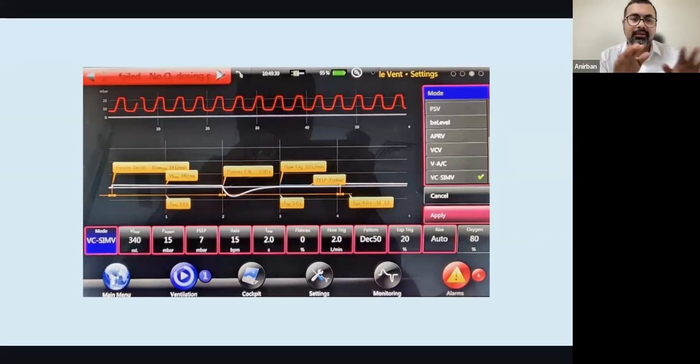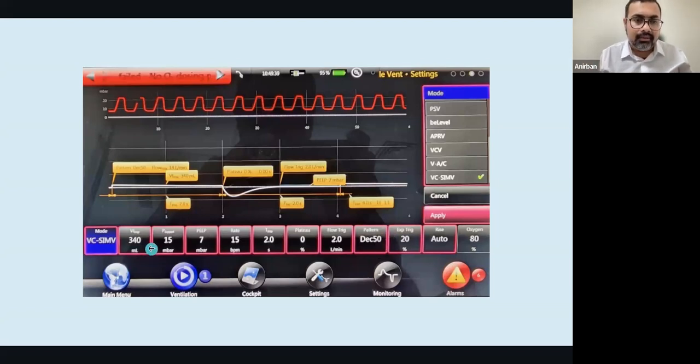Before, the SIMV mode did not have pressure support for the intermittent spontaneous breaths, but now it is always SIMV plus PS, SIMV plus pressure support. So the interspersed spontaneous breaths are also pressure supported breaths.